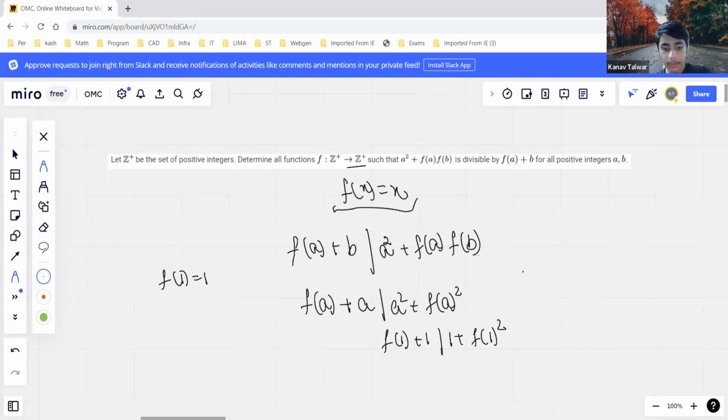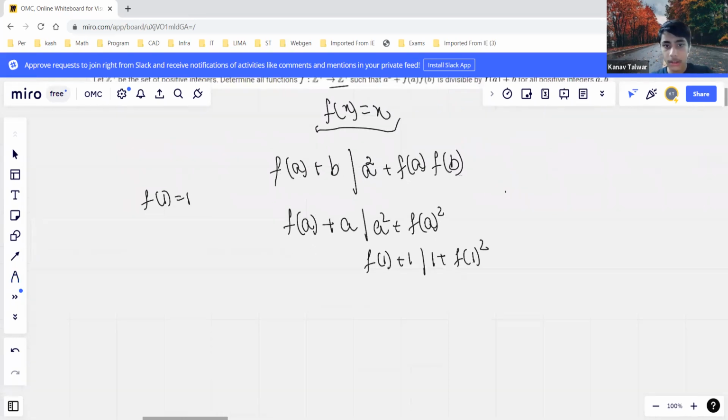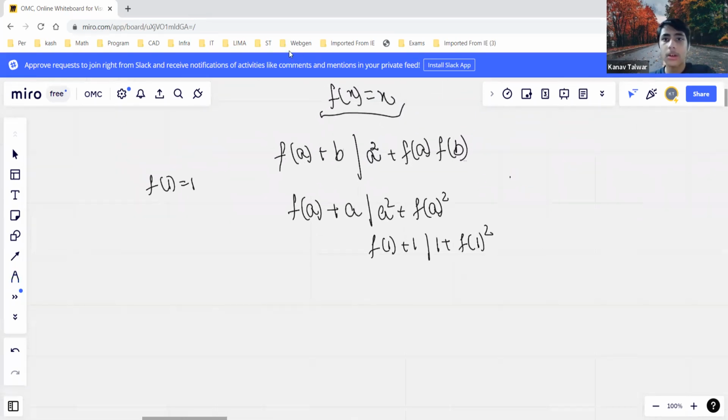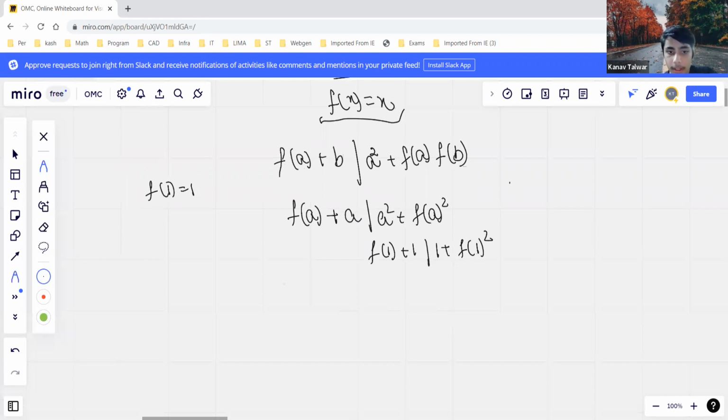Right? One second. So you have that f of 1 plus 1 divides 1 plus f of 1 squared minus f of 1 squared minus f of 1. This is just because f of 1 plus 1 also divides this thing, and thus it must divide their difference.